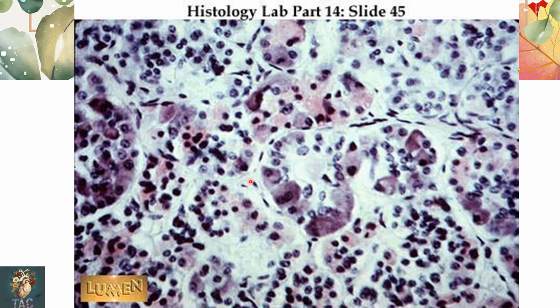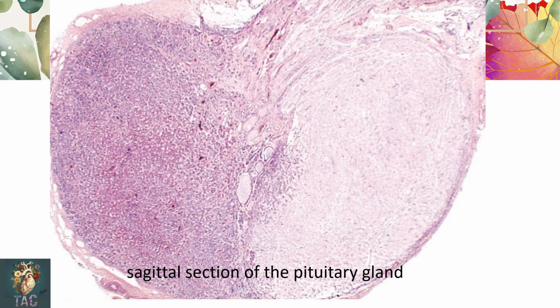Another slide showing the adenohypophysis, in which you can see the acidophils which are present over here. A large number of chromophobe cells are present. In addition to chromophobes, a small amount of basophils are also present in this slide. So in another section, this is the sagittal section of the pituitary gland. Here you can see the pars nervosa as well.